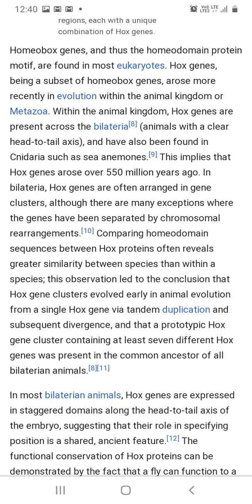HOX gene is another homeotic gene. The expression of HOX genes provides the basis for anterior-posterior axis specification throughout the animal kingdom. HOX genes provide one of the most remarkable pieces of evidence for deep homologies among all the animals of the world.